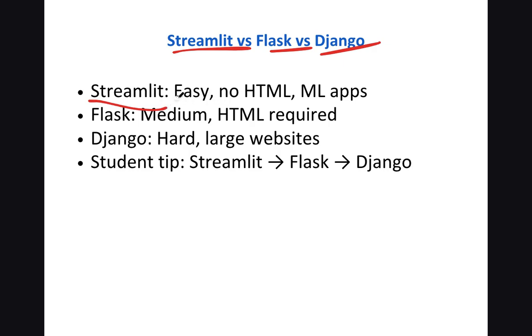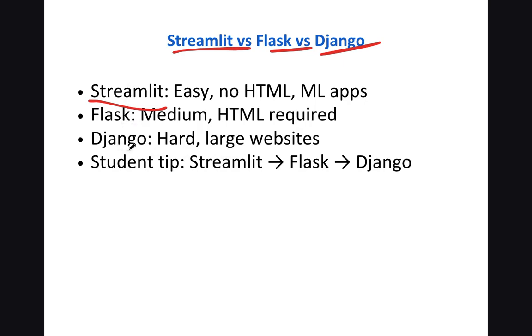Streamlit is absolutely easy, does not require any HTML, and is used for machine learning apps, and is absolutely easy to learn and code. Then coming to Flask. Flask is used for medium web pages. If you are building medium size websites, there Flask is used, and HTML is also required there. Then coming to Django. Django is a bit hard compared to Flask, and it is used for larger websites.